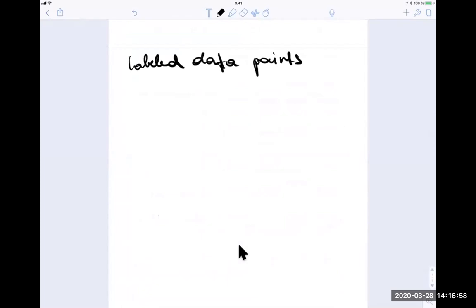So each data point has a feature and a label. So this is the first data point, and let's say I have up to m such data points. So what is this here?